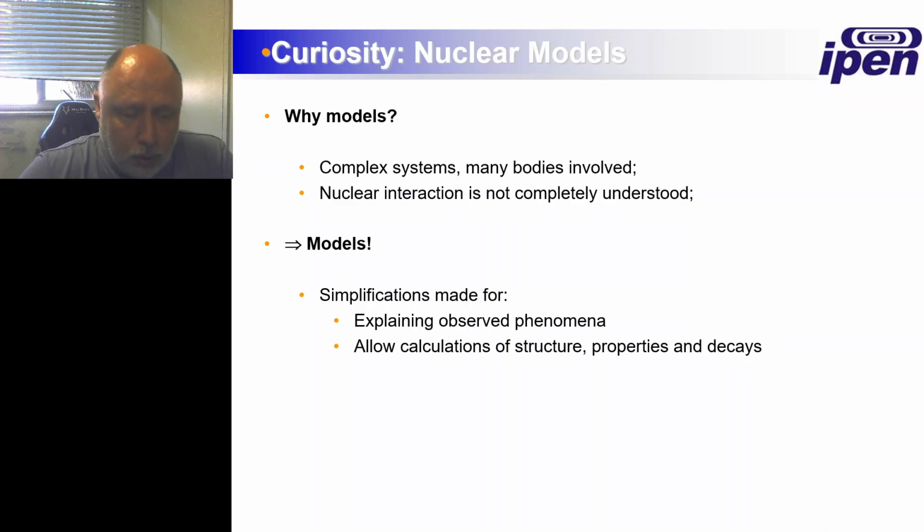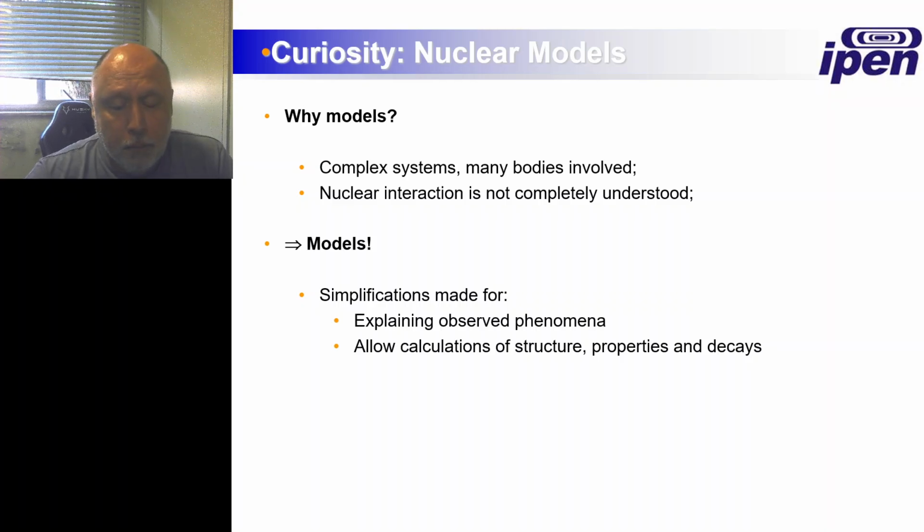And what are these models? They are essentially simplifications that are made, first of all, for understanding and explaining phenomena, trying to figure out how the nucleus is inside, how it works, and the reasons for many things we observe. For instance, why some decays are more probable than others, why some structures are more solid than others.